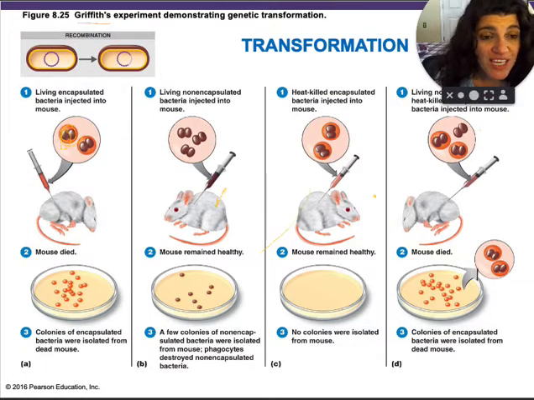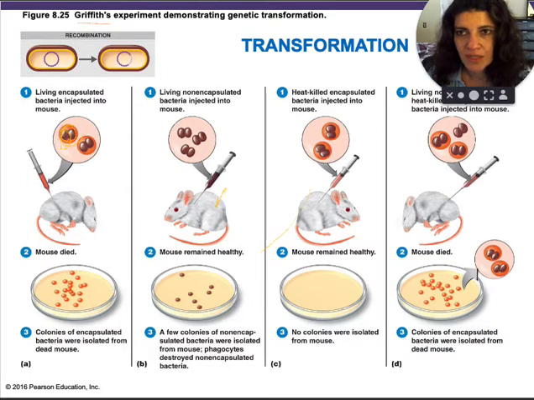If you get these encapsulated bacteria that were heat killed and you mix them with non-encapsulated bacteria that are alive, animal dies. What does that mean? Can you think about it? So, I'm going to get another color here.